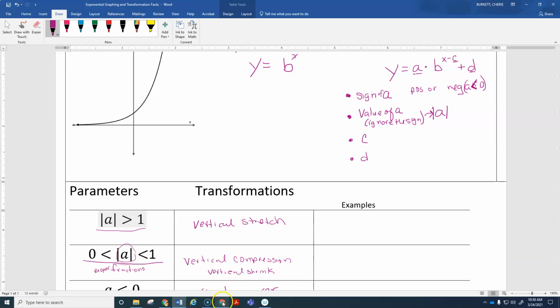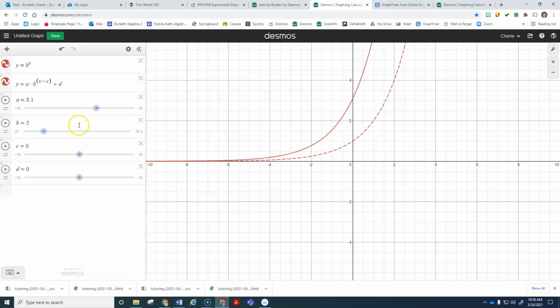So when you jump over here and you watch, here's where A is 1. And as I make it look at decimals, there's 0.9, there's 0.8. See, I'm making it shorter. It's getting closer to its own asymptote. So that's what happens when A is a decimal.